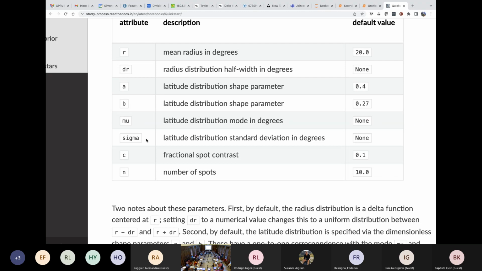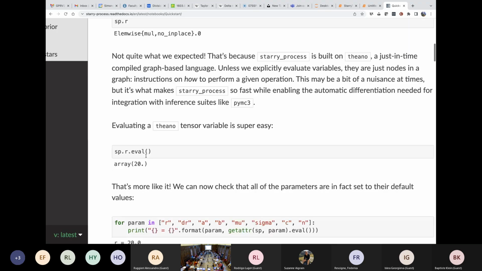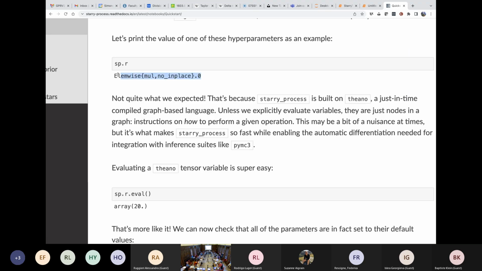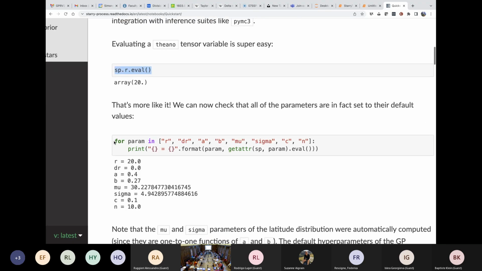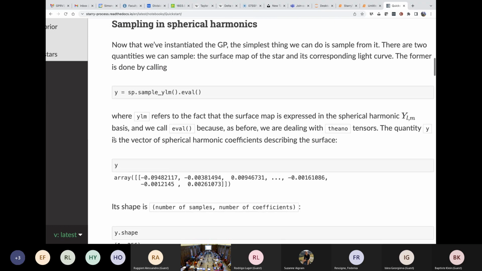A and B can also be used to specify the latitude. Fractional spot contrast, number of spots, and so forth. This is all in Theano again, and so you need to either evaluate it or explicitly compile it. There's some instructions on how to do this here.